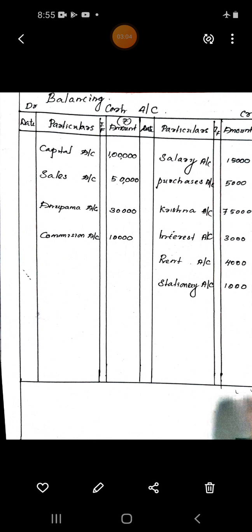Then credit side total: 15,000 plus 5,000 plus 75,000 plus 3,000 plus 4,000 plus 1,000. Credit side total 1,03,000. In this case, debit side total is more than the credit side total.